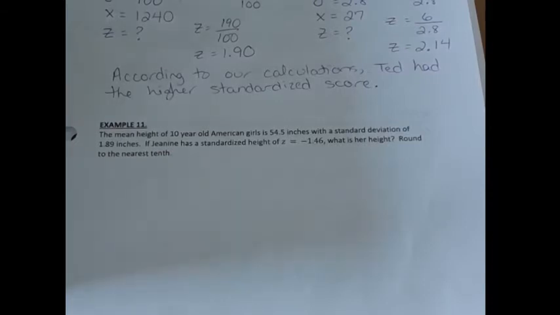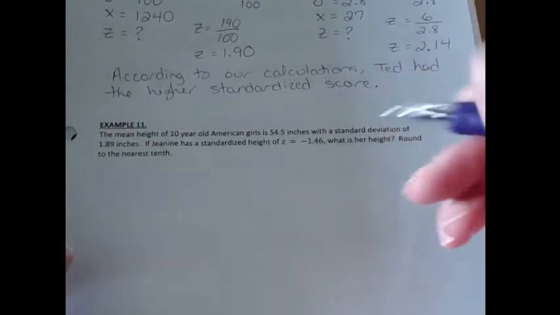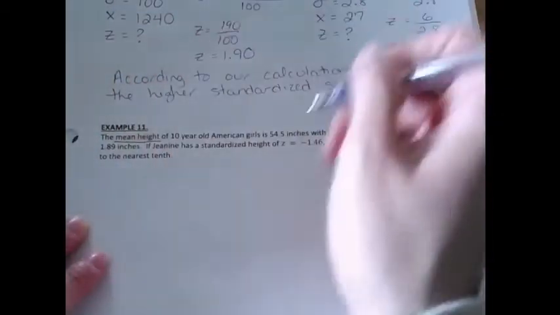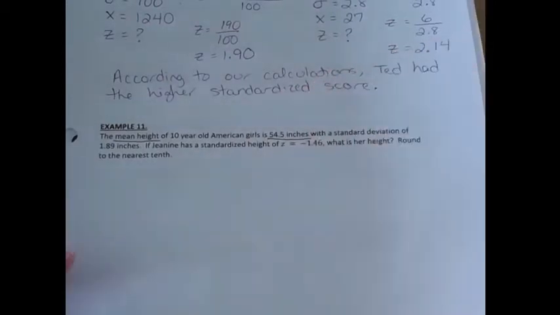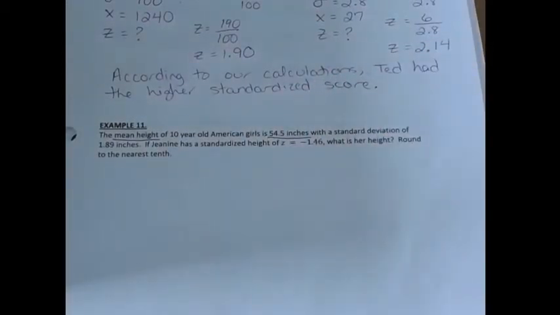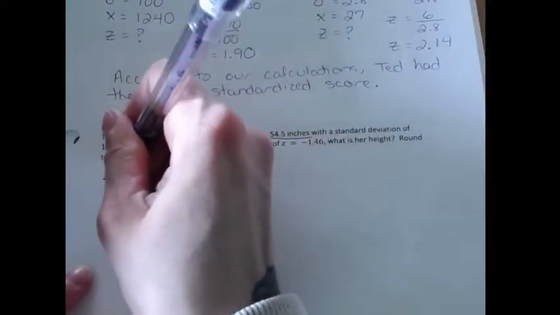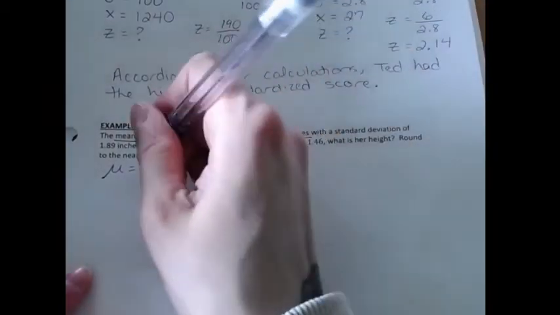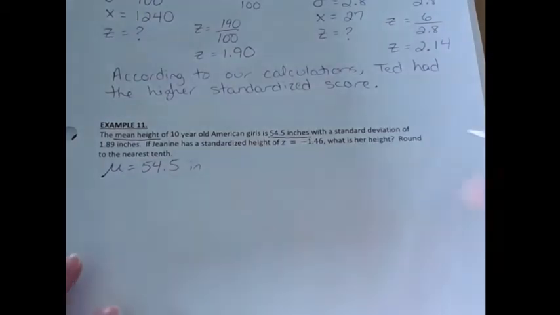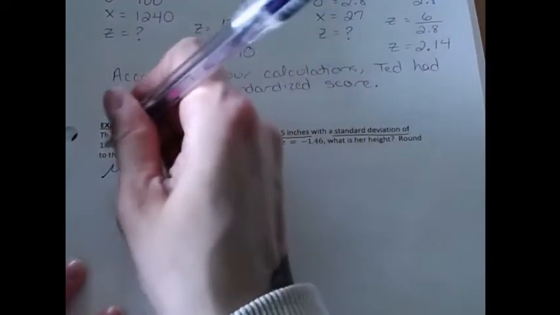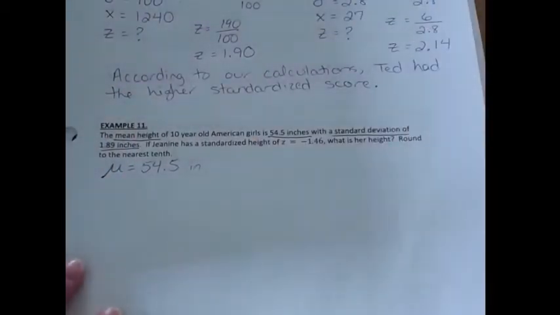So as you read through this problem, I notice the first thing you guys are saying is that the mean height is 54.5 inches. Now remember, we're talking about 10-year-old American girls, so is this a sample or a population? If you said population, you are correct. So we know that the mean height, mu, is 54.5 inches with a standard deviation of 1.89 inches.